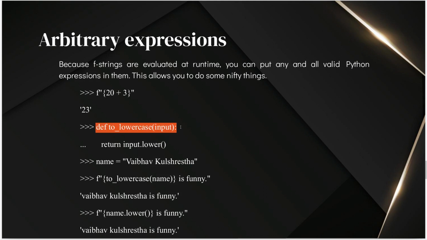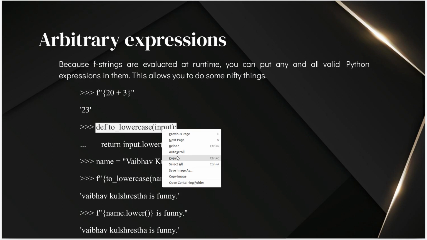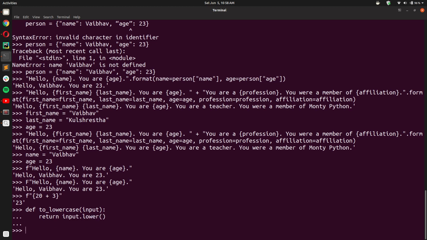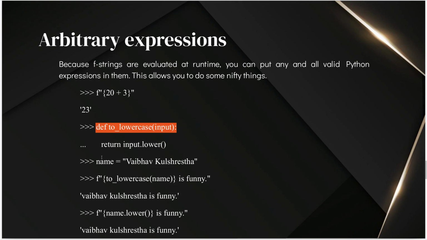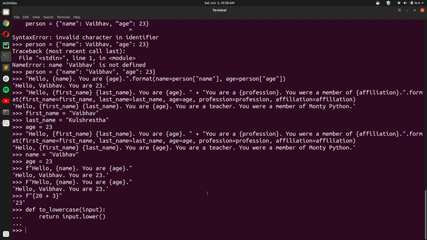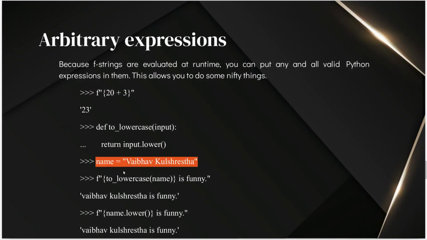Okay, let us say we have a function to_lowercase that returns input.lower(). What this will do is convert your input string to a lowercase string and return that. Now let us say I wrote my full name that had two capital letters, and I want to see what the value of this f string will be.